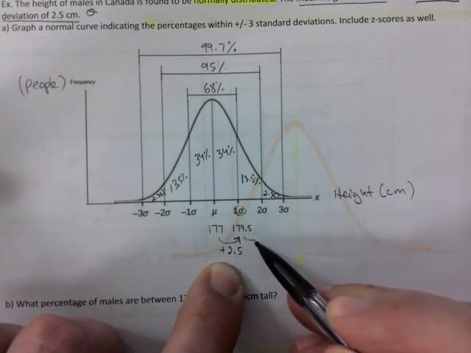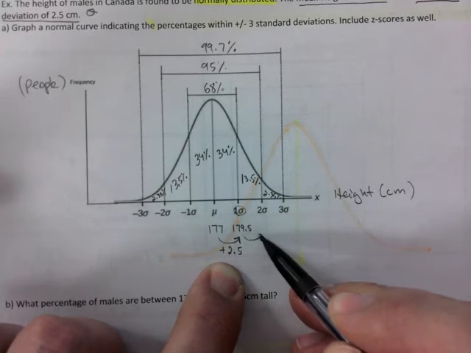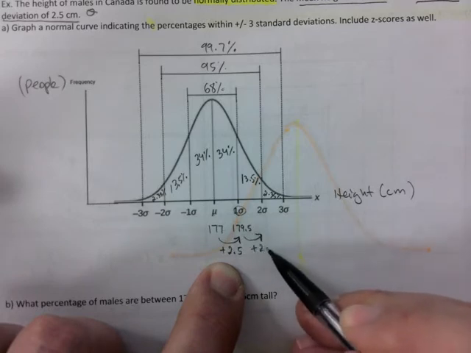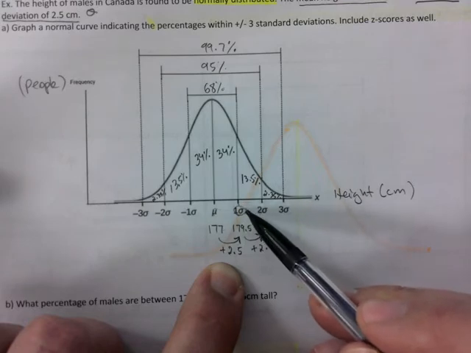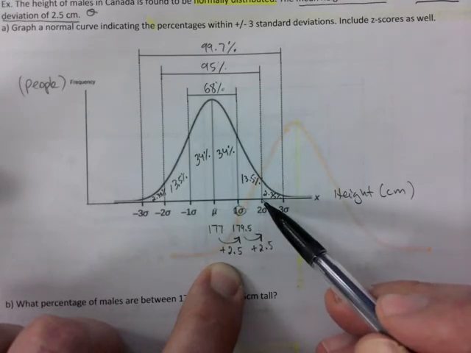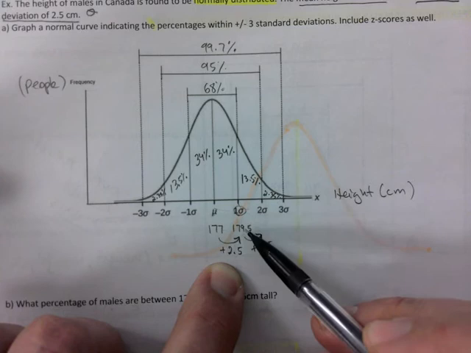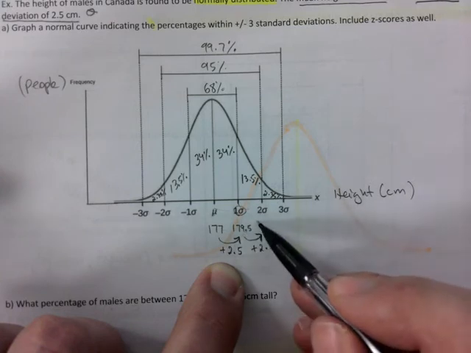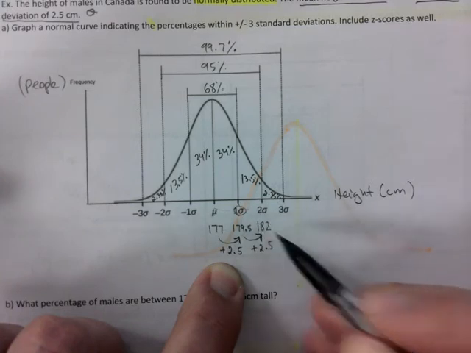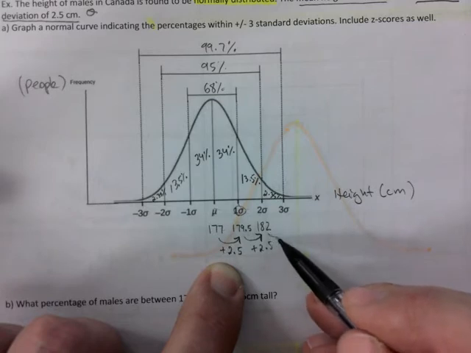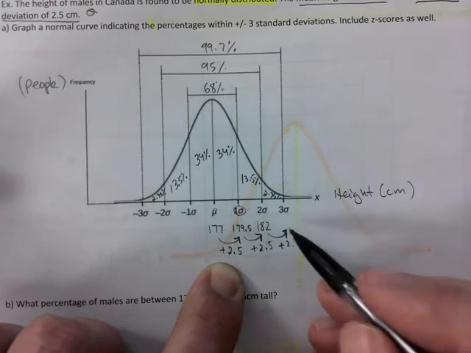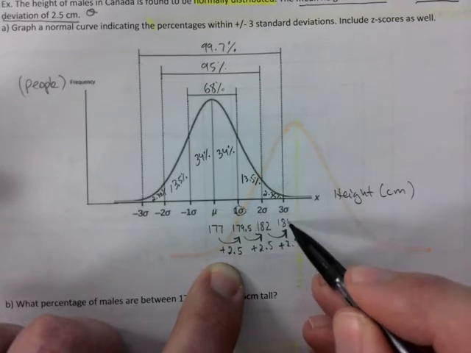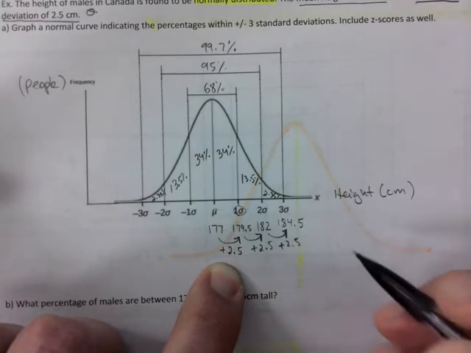Now this is 2 standard deviations, which means you're going 2.5 and 2.5, or you just add 2.5 to this one. And that gives you 182. And then you're going to go out one more plus 2.5, and that is 184.5. And that's where you stop.